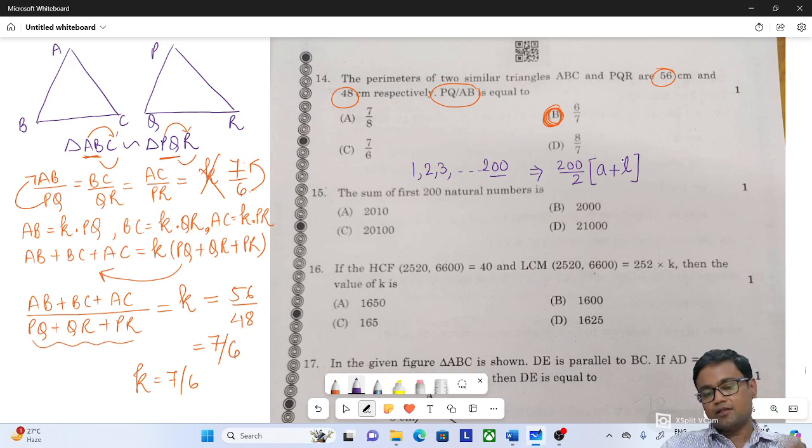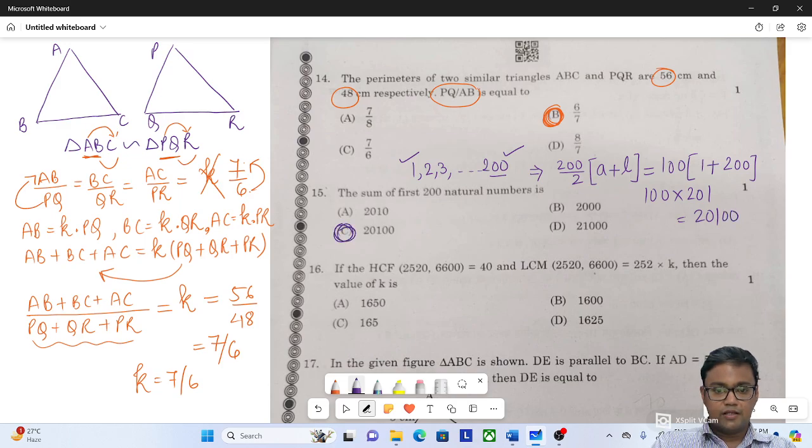We can use another version of the same formula where we have the first term and the last term available, क्योंकि बोला गया है कि first 200 नेचुरल नंबर्स का सम हमें पता करना है. तो 100 और a की वैल्यू कितनी है, दिख रहा है वहाँ पर 1, और लास्ट टर्म है 200, तो 100 इंटू 201, that is 20100. So C is the right option, right?